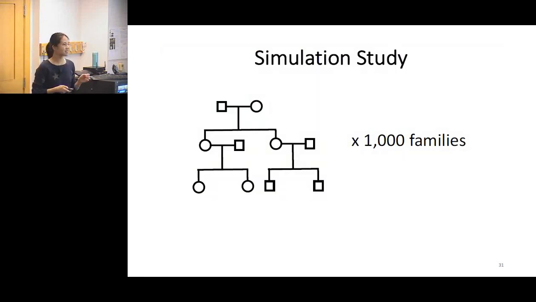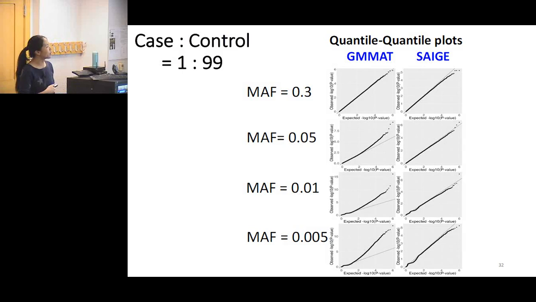Here are some simulation studies I want to show. I simulated 1,000 families, and each family has 10 family members, following this pedigree. When the case-control ratio is 1 to 99 and we use just GMMAT, which is a logistic mixed model without SPA, the inflation is more serious when the minor allele frequency is lower, and SAIGE corrects well for this inflated type 1 error.